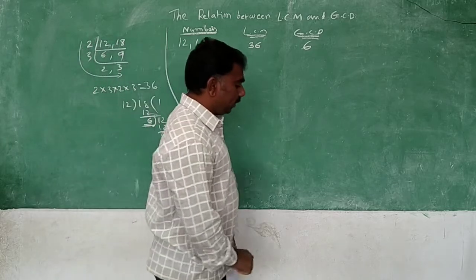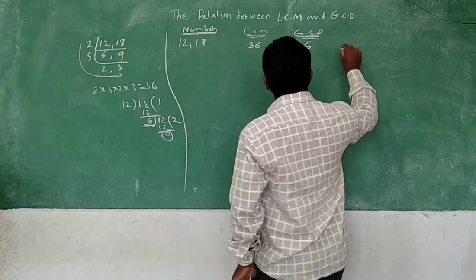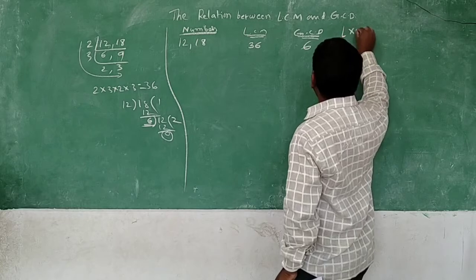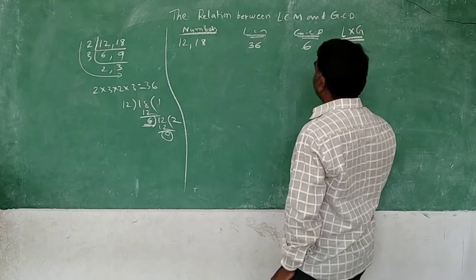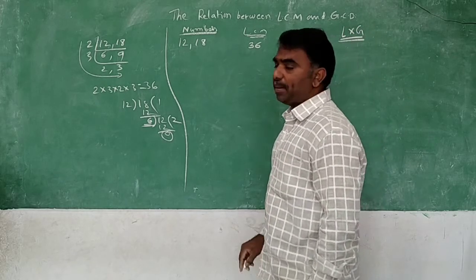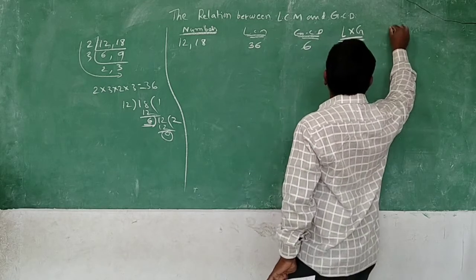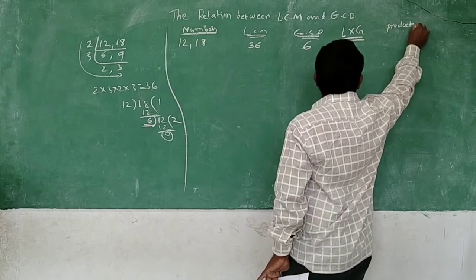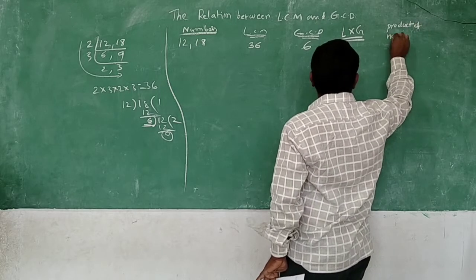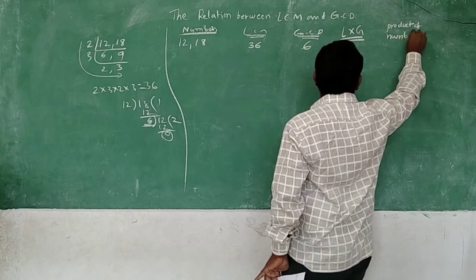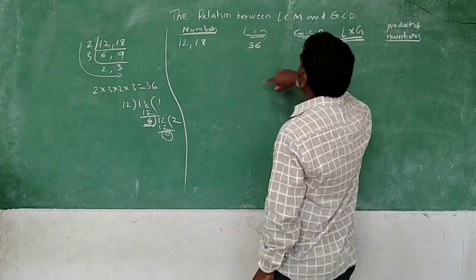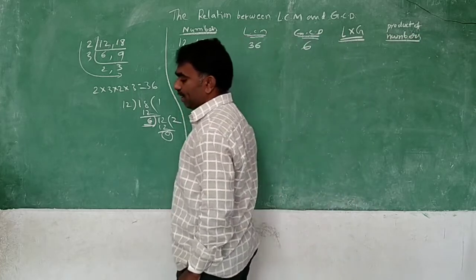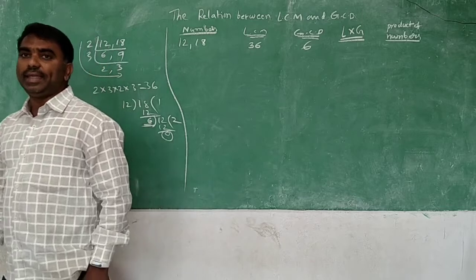Now you observe here, I am going to find LCM into GCD. I am multiplying the LCM and GCD, and also the product of the numbers which we have taken to find the LCM and GCD. These two numbers I will multiply: 12 and 18.